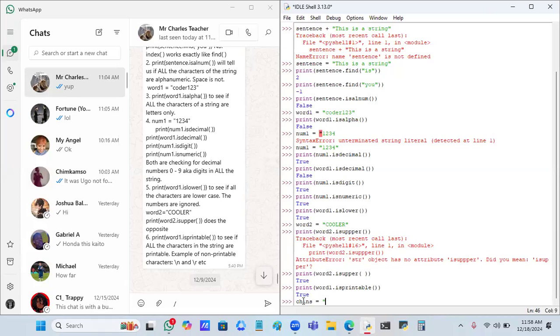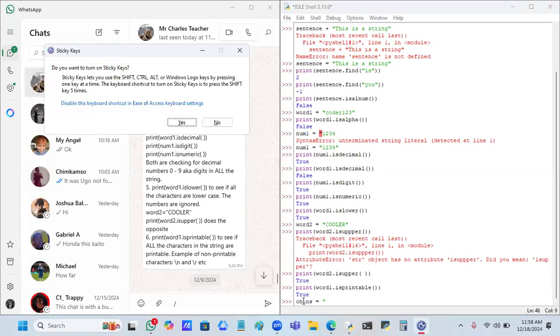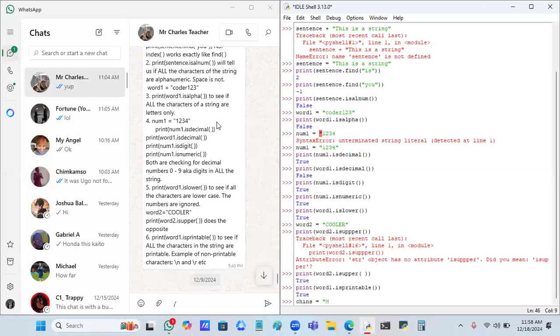Okay. So you say something like, my name is, now type backslash, and then n, that's backslash, \n. You can only have one.